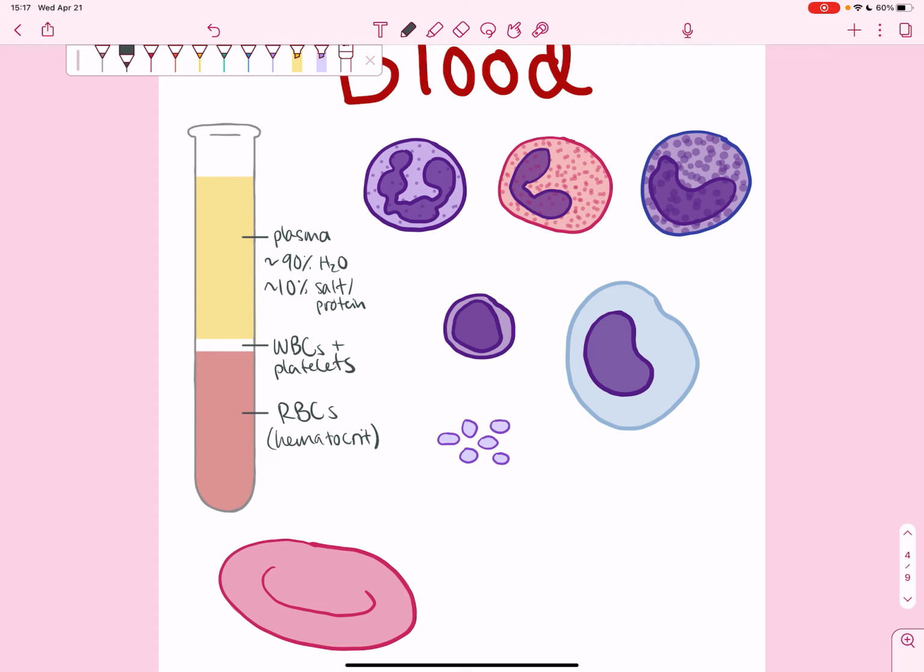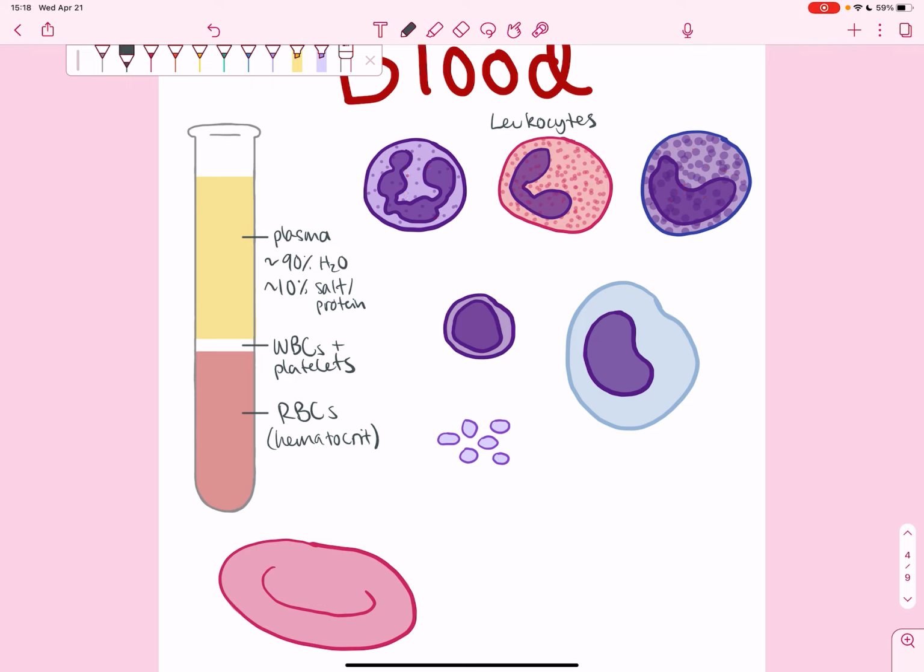So I should write that down up here somewhere. Leukocytes. The granular ones up here, you can see that they have little dots in them. That's the granules, what makes them granular.